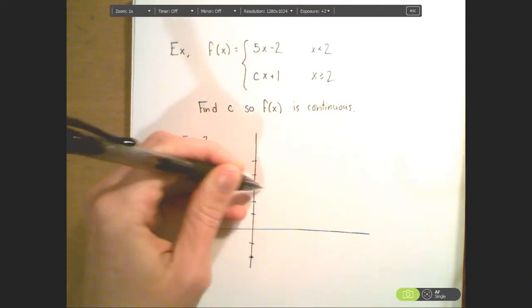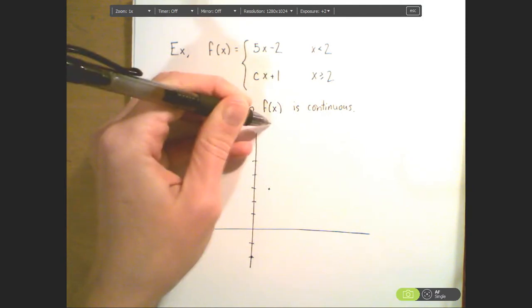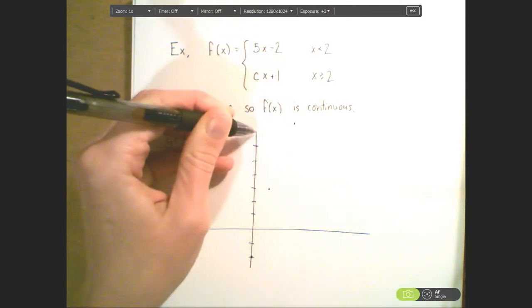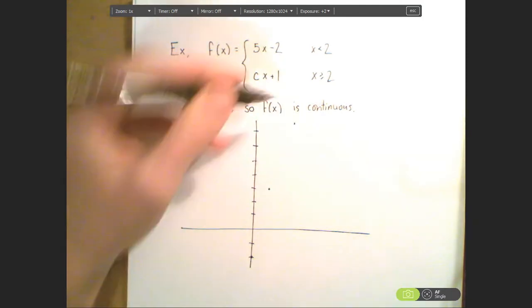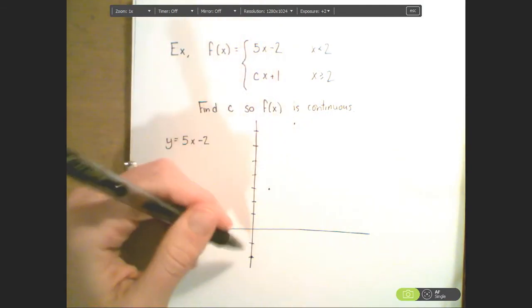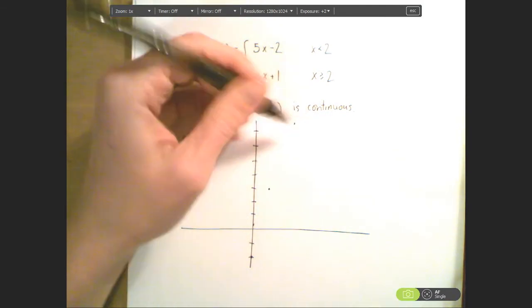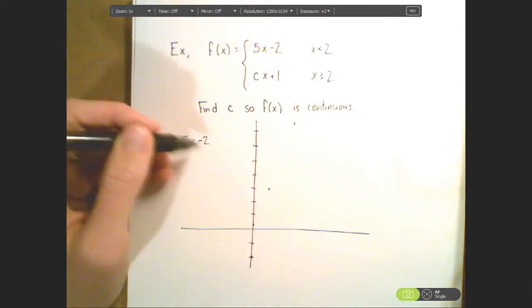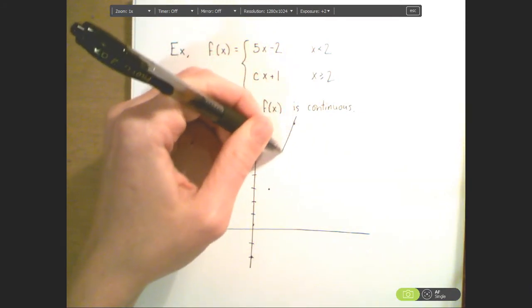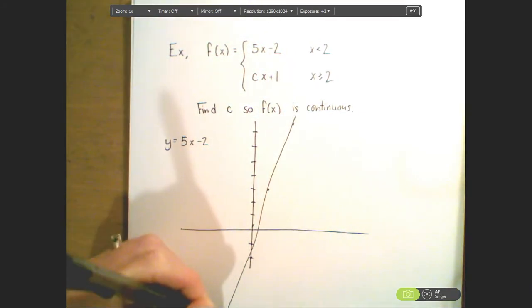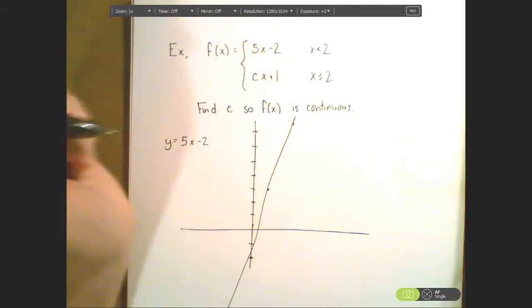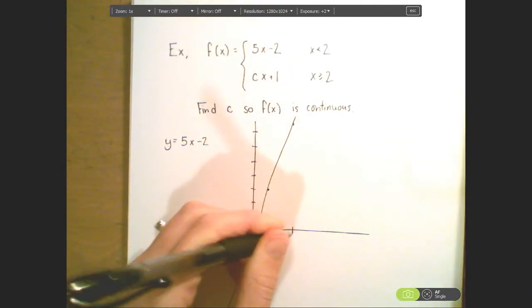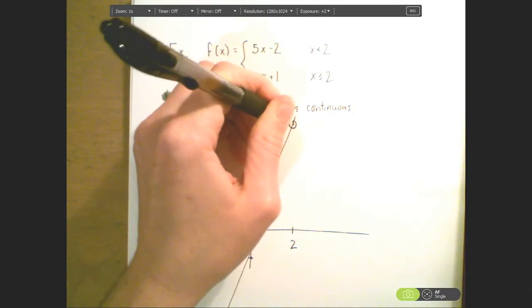That's a pretty steep slope. That's my straight line, and I'm going to stop it where x equals 2.